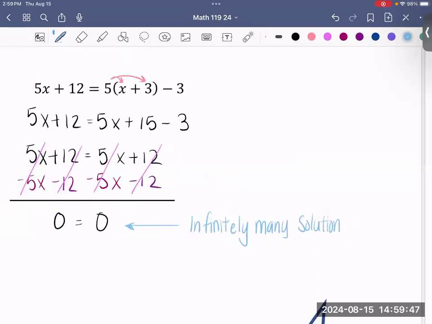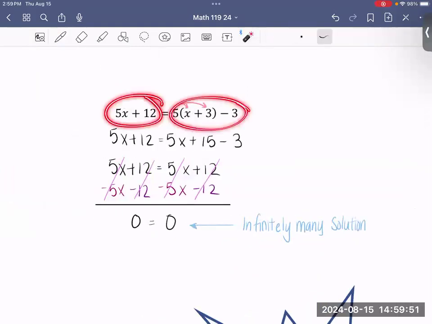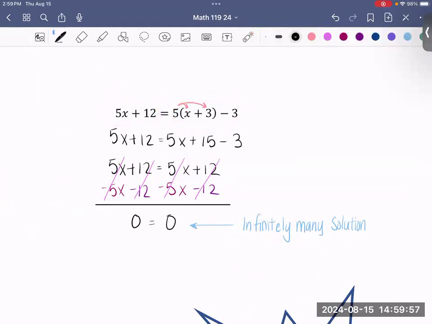Now it's called infinitely many solutions because these two equations or these two expressions are actually lines themselves. These happen to be lines that are one on top of another. So let's say we have this one in blue, so you have one right here, and then another, let's say this one is in pink, so right on top.